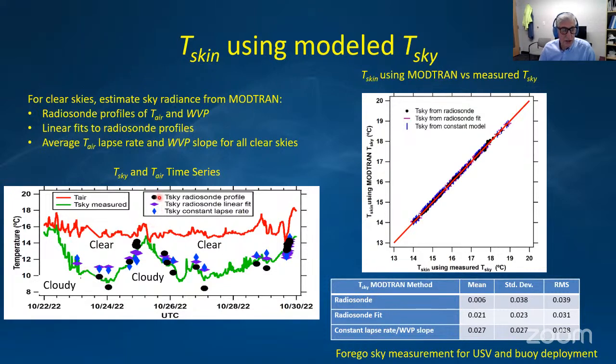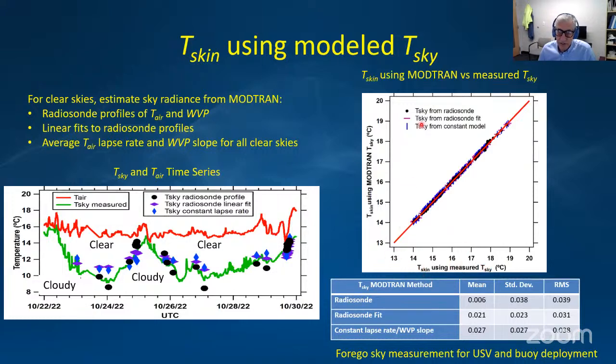These symbols here are the results of the MODTRAN sky temperature for the 3 different cases: using the radiosonde profile itself, a linear fit to the profile, and a constant lapse rate and water vapor profile slope from the entire experiment. You can see they all pretty much fall on top of each other. And the result is summarized here when we plot the skin temperature using the MODTRAN sky temperature versus the skin temperature using the measured.